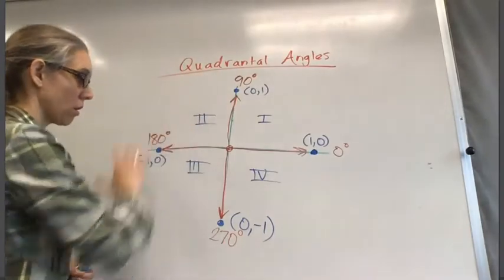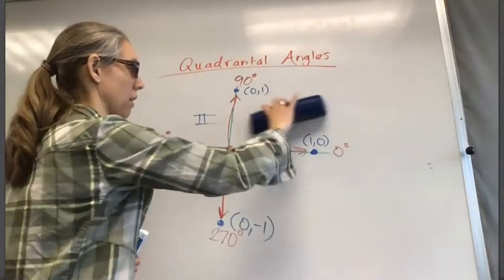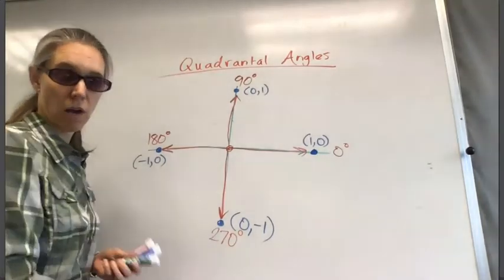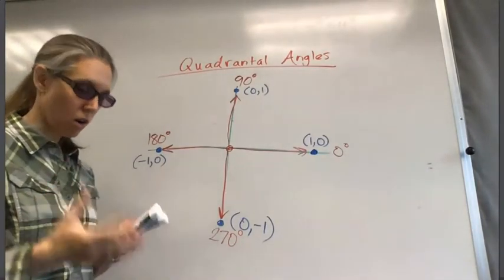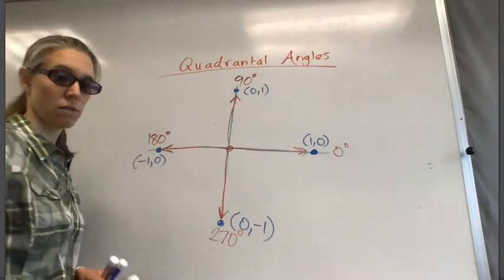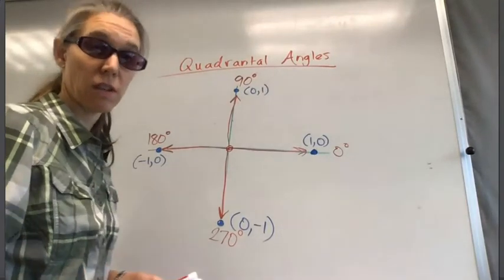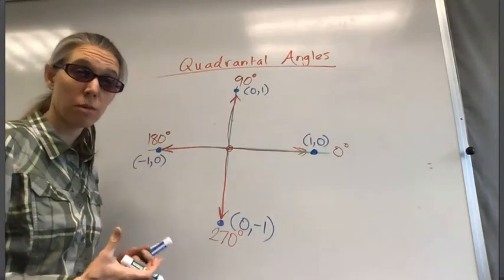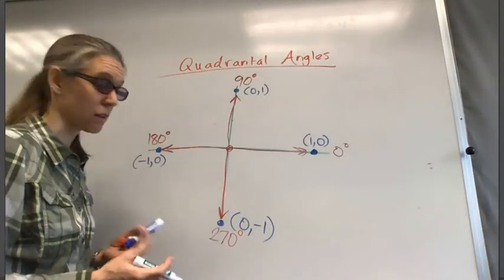Okay, so those 4 points right there all have an x value and a y value. What is the r value for each of these? The r value for each of these is also 1. You can compute it using the formula for r, or you can just think about the logic of this.